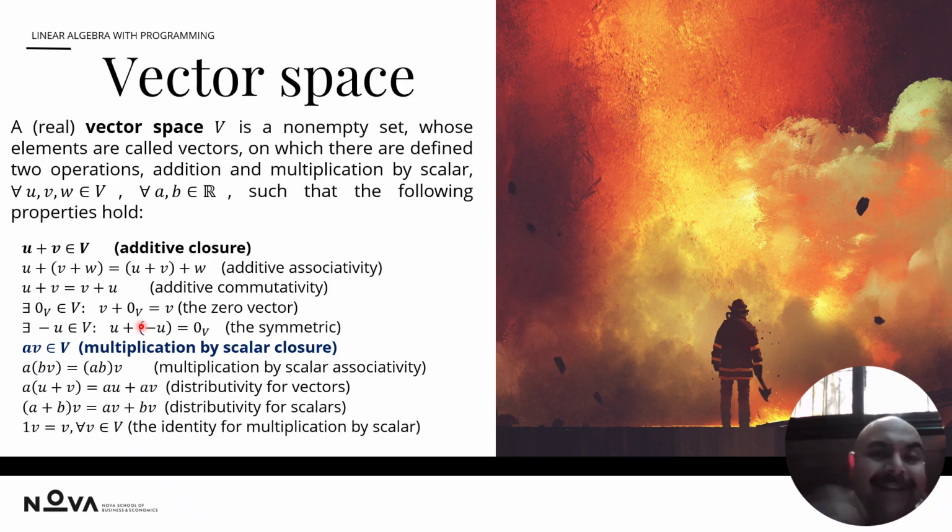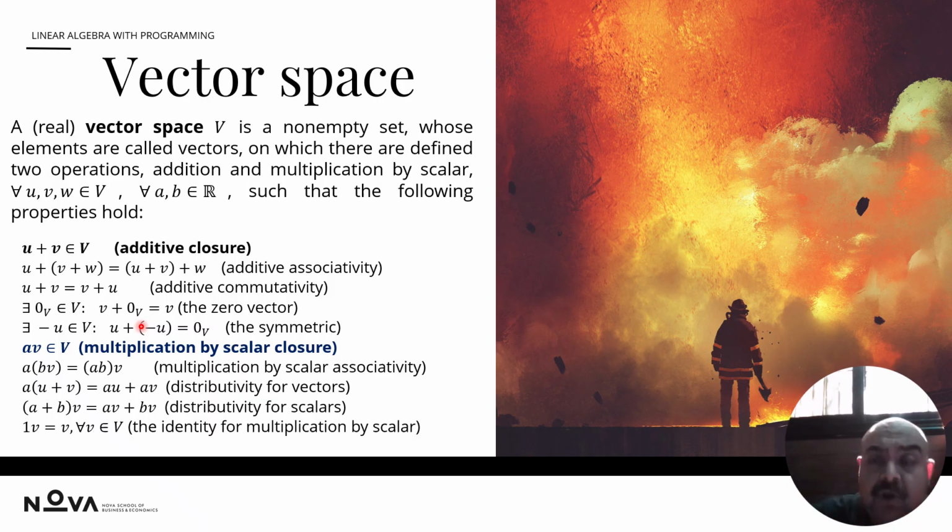Also, it must have a zero vector, which we call the null vector, the vector with all components equal to zero, which represents that if you add a vector to its negative value, the result will be the origin.